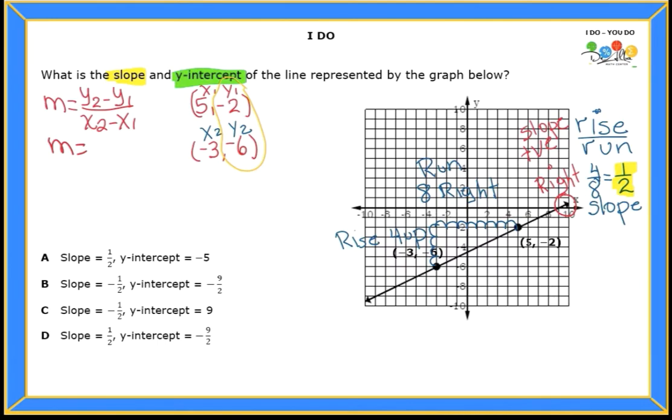So let's continue. y sub 2 is -6 minus -2 over -3 minus 5. So what do I get? This will give me -4 over -8.